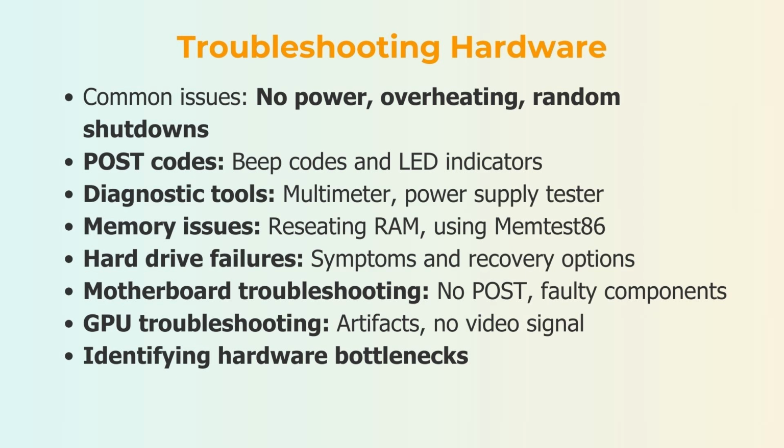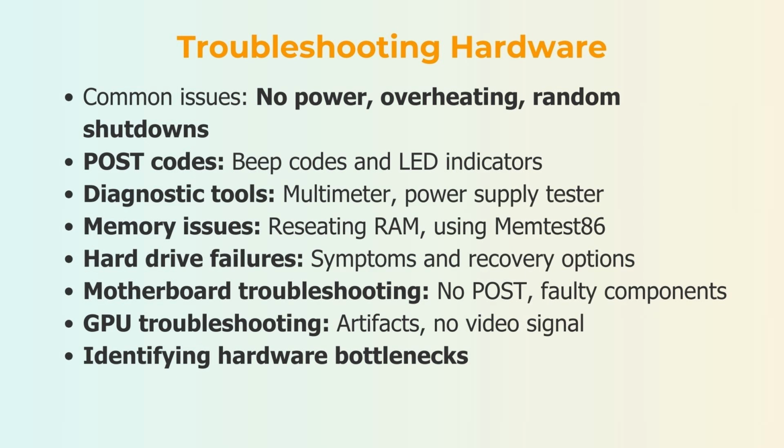If your system isn't booting up, POST, Power On Self-Test, codes and beep codes can help you identify where the problem lies. POST codes are displayed on screen or through LED indicators on the motherboard, while beep codes are audible signals. Hard drive failures can result in slow performance, data corruption, or even complete data loss. Learning how to troubleshoot and recover from hard drive failures is essential.